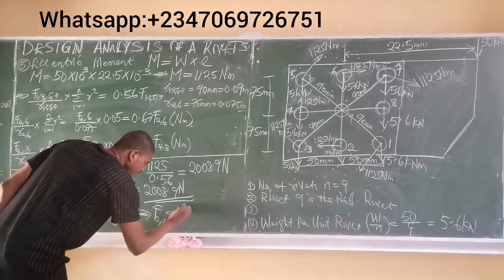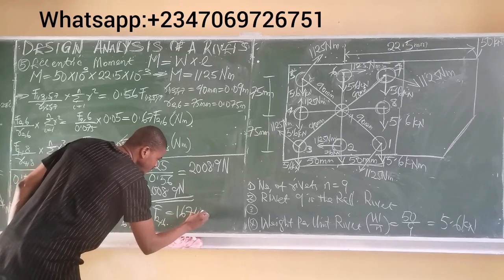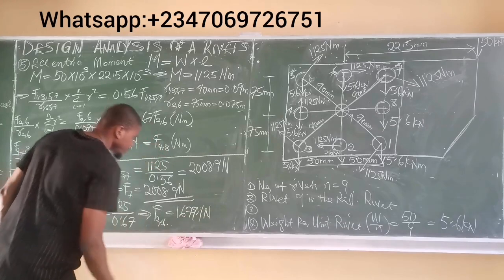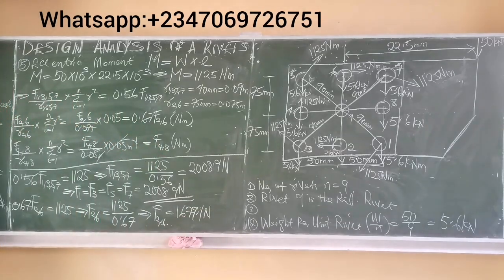That gives us 1679.1 newtons. So F2 is equal to F6, and the value is 1679.1 newtons.